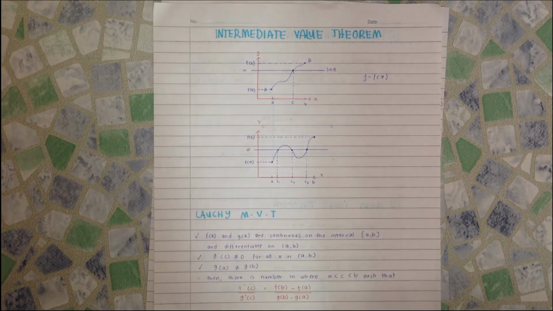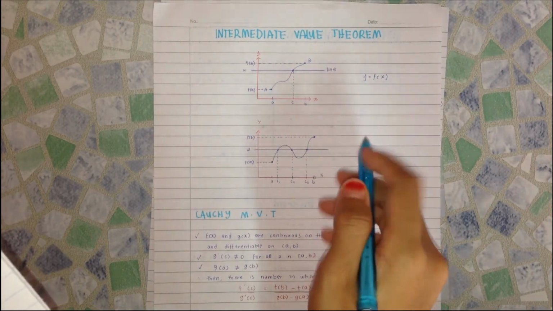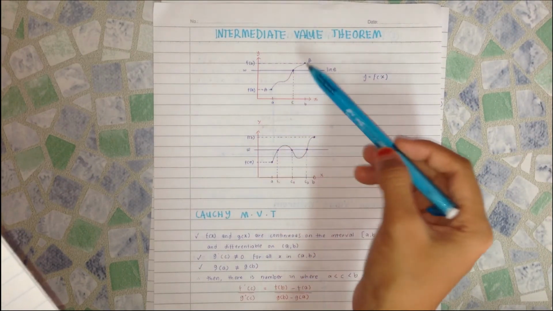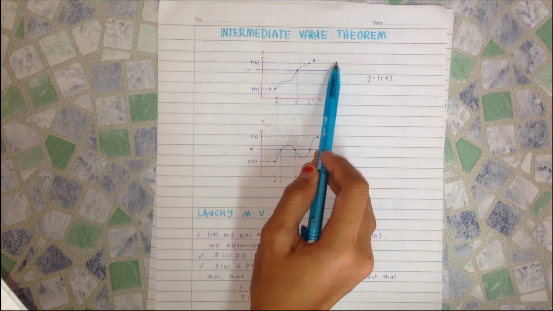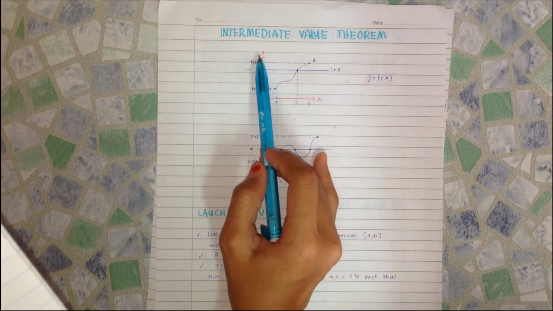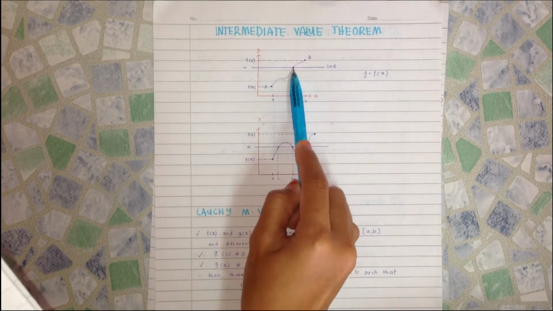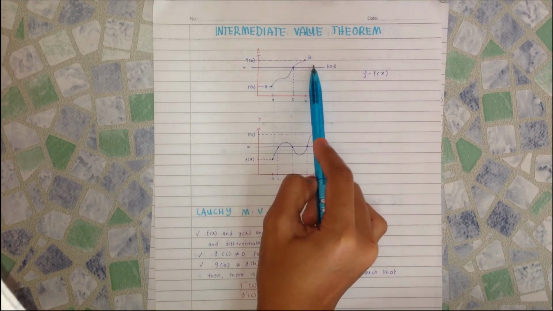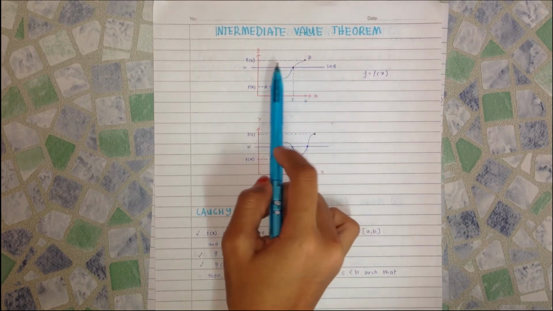In other words, when the function y equals f(x) is continuous on the interval [a, b], and w is a number between f(a) and f(b), then there must be at least one value of c within interval [a, b] such that f(c) equals w.